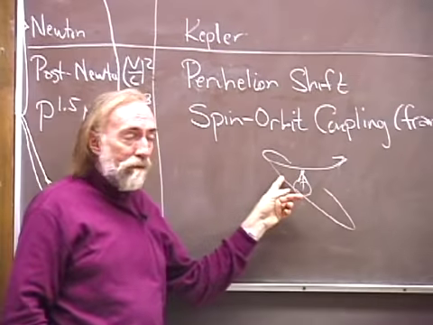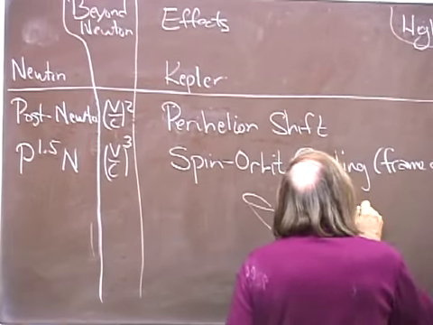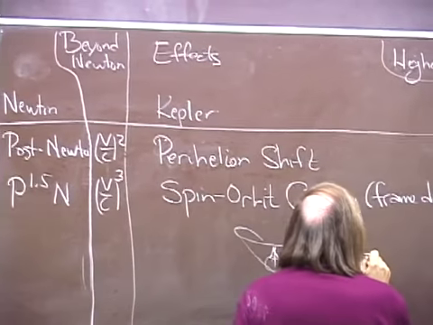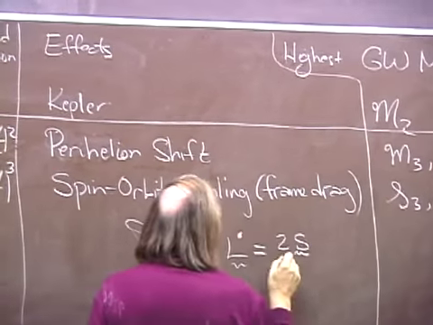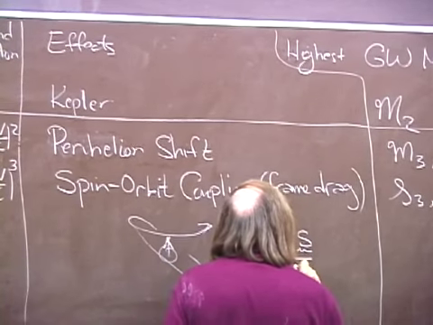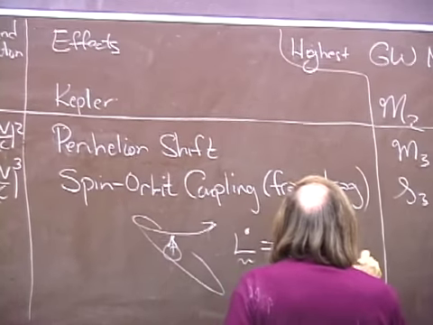precession. And so you have equations for the precession that say the time derivative of the orbital angular momentum is something like 2 times the spin of the central black hole divided by the separation cubed, crossed in the orbital angular momentum.